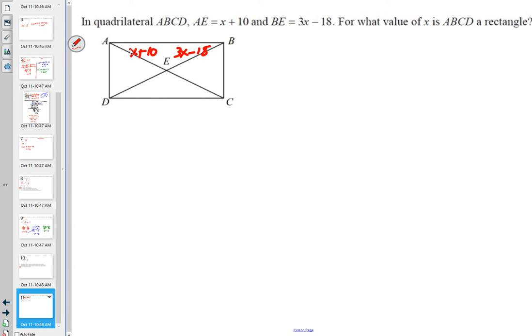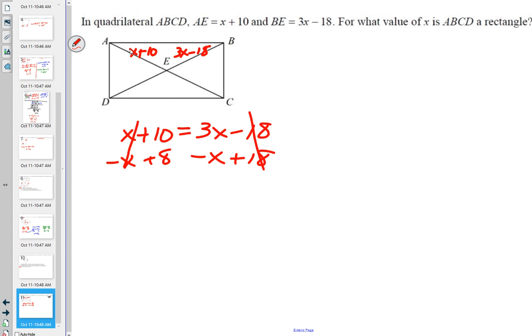They're congruent, sure. So the entire diagonals are congruent and both of them are bisected, so even though these are parts of two different diagonals, I can make these equal to each other. I can say x plus 10 is equal to 3x minus 18. Minus x, plus 18, plus 18. X is canceled, 18 is canceled, so 18 is equal to 2x, and we have 9. They only wanted to know what value of x.